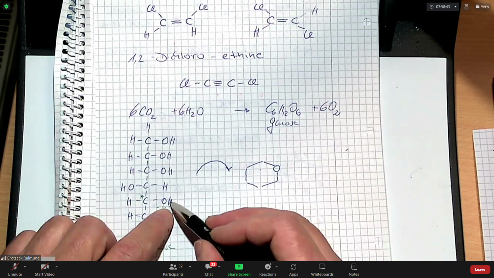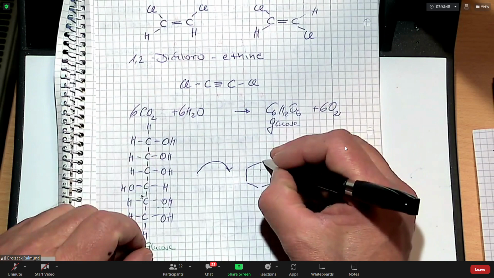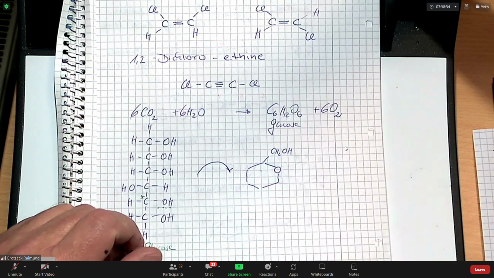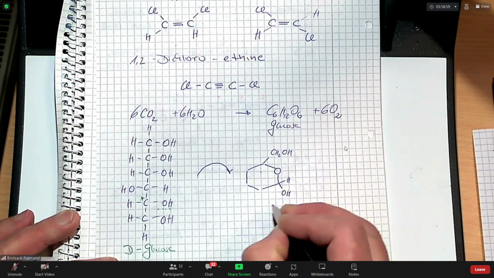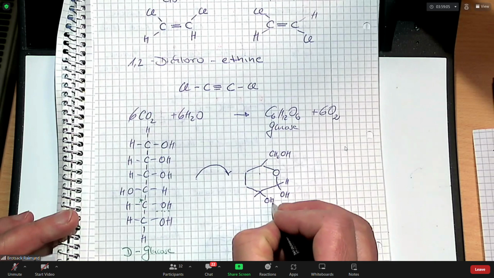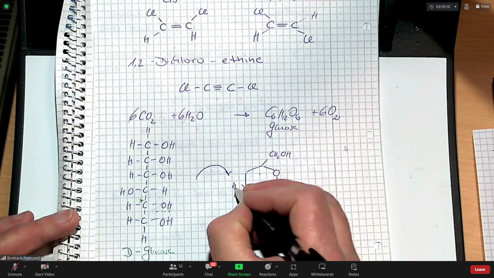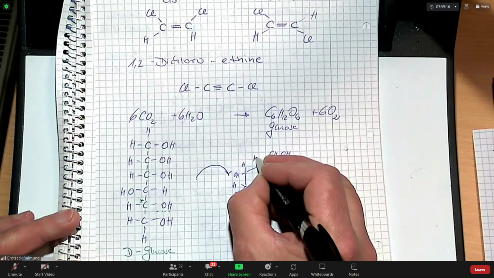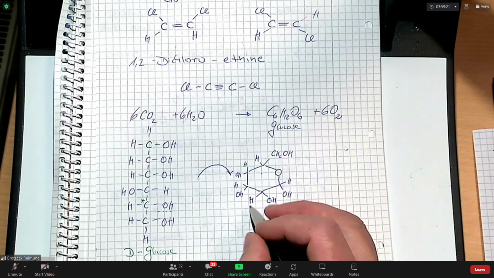When we use one O in the cycle, the CH2OH looks out of the cycle, and each of the other carbons has an H and an OH. It is not an aromat, it is an aliphat. And this is, at the end, the cyclic form of the glucose.